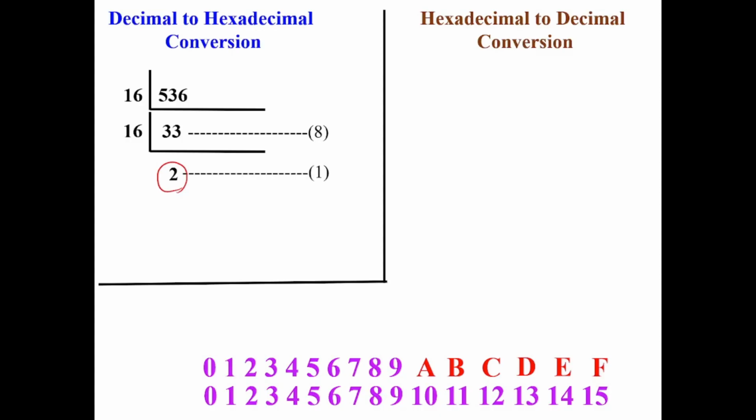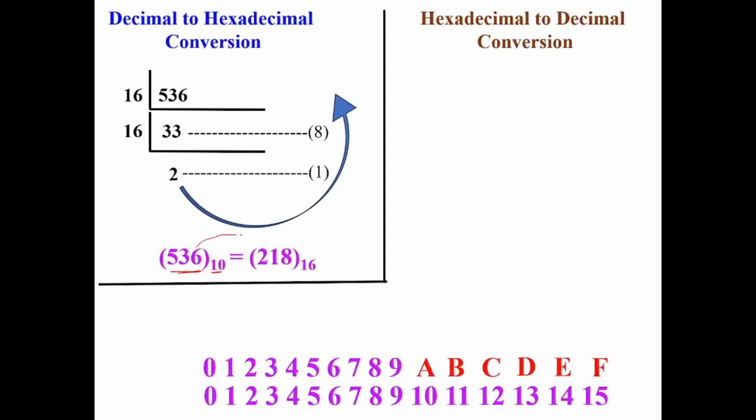Now we write the hexadecimal number of this decimal number from bottom to top, that is 218. So the given decimal number is 536 subscript 10, and its corresponding hexadecimal number is 218 subscript 16.